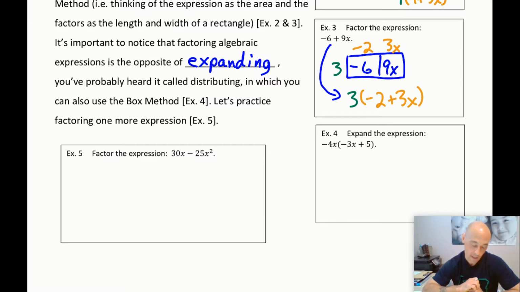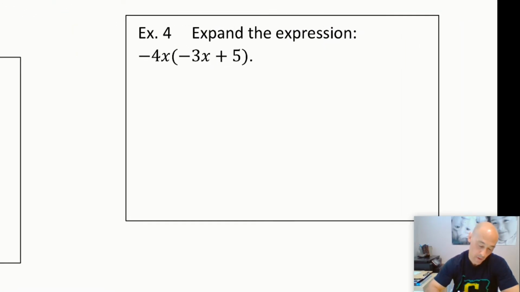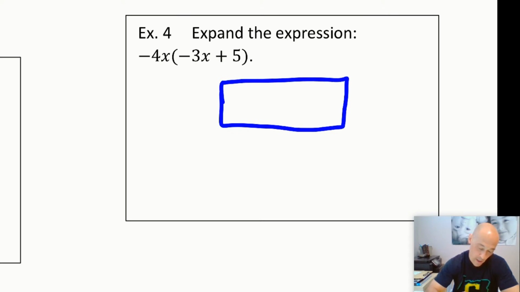So we're going to practice, and we'll look at expanding the expression. So here we have an algebraic expression. We're going to expand it. So we're going to have this rectangle, and it's broken up into two parts because this expression has two parts, two terms.